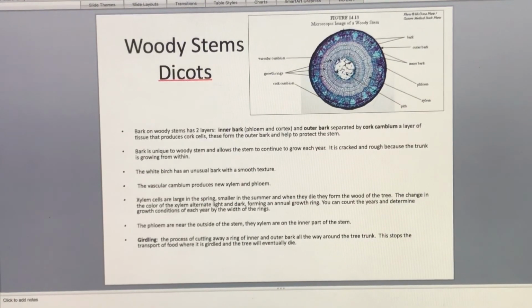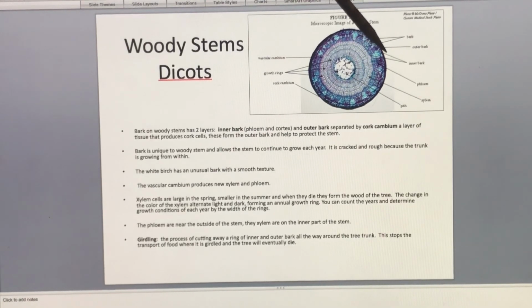So let's look at woody stems in dicots. The bark on woody stems, which obviously in this case is going to be the cross section, we're on figure 14.3. The cross section shows the bark on the outside, the perimeter of that. It has two layers. It has the inner bark that is labeled along here.